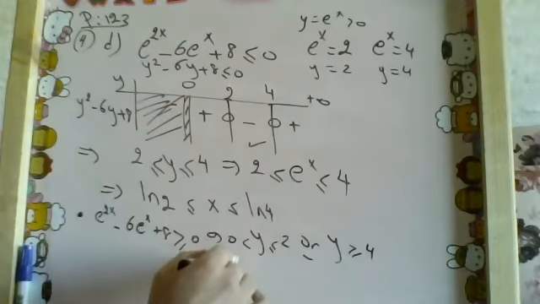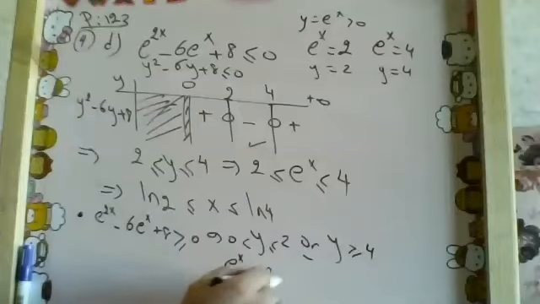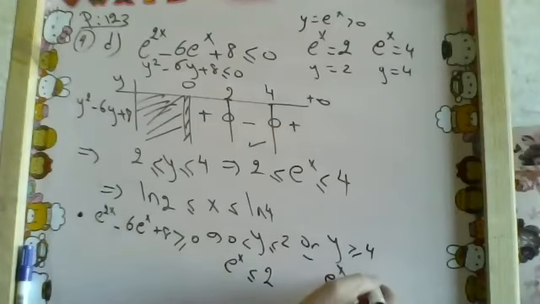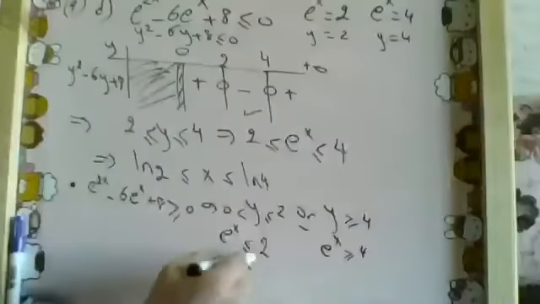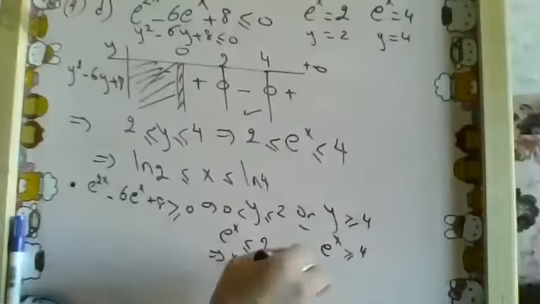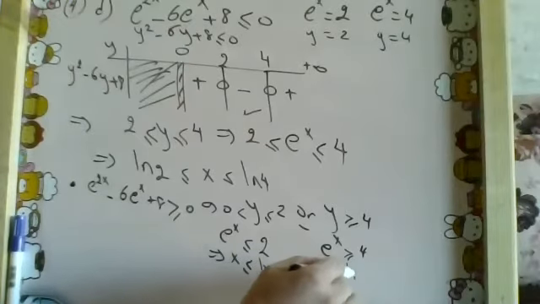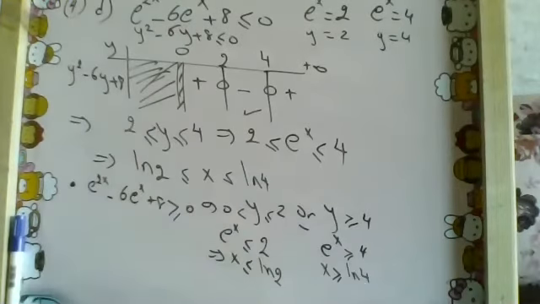So e power x is less than 2, or e power x is greater than or equal to 4. Here x is less than or equal to ln 2, and this one x is greater than or equal to ln 4. Okay?